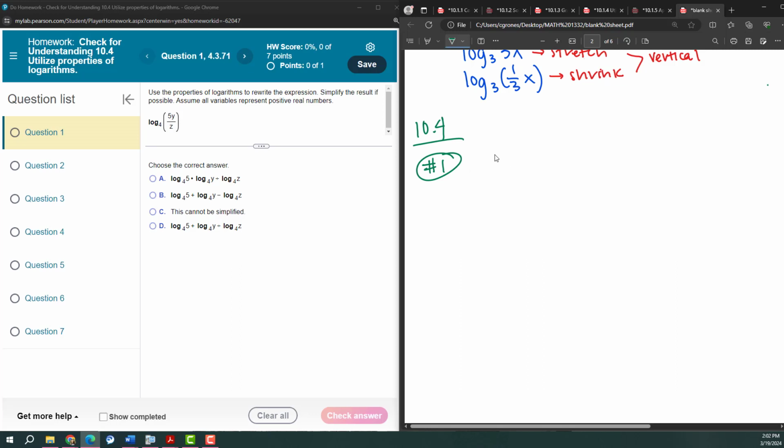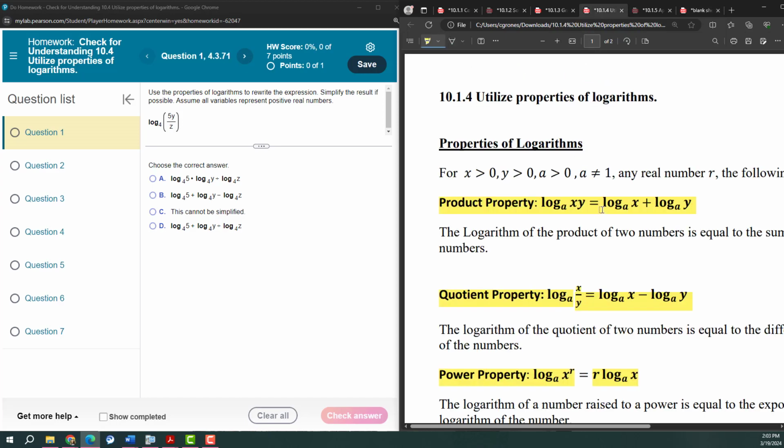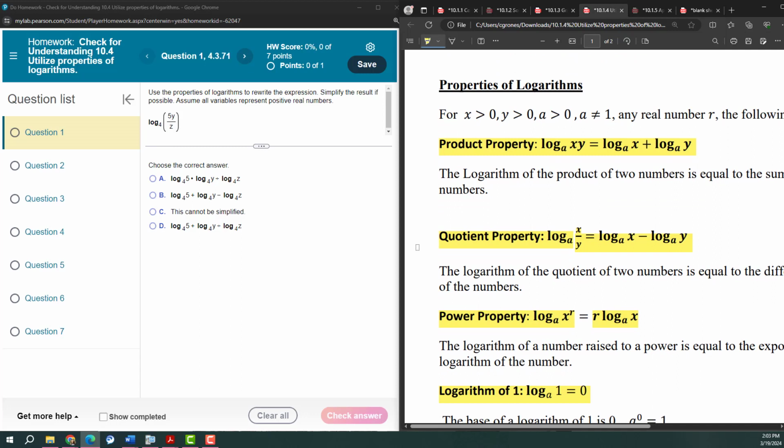It says to use the properties of logs to rewrite the expression, simplify the result if possible, assume all variables represent positive real numbers. All right, so we have log base 4 of 5y over z. So if you look at your properties from 10.4, we are going to be looking at our quotient property.